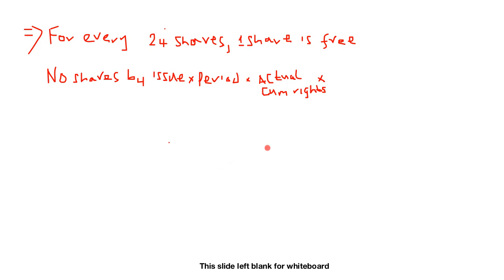So the actual cum rights price, we divide by the theoretical ex rights price, the price without the rights.